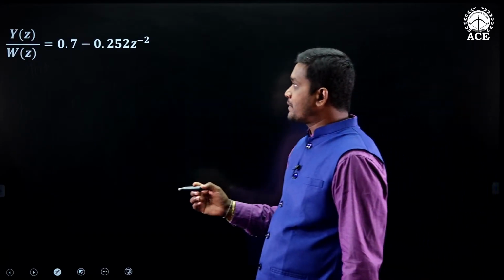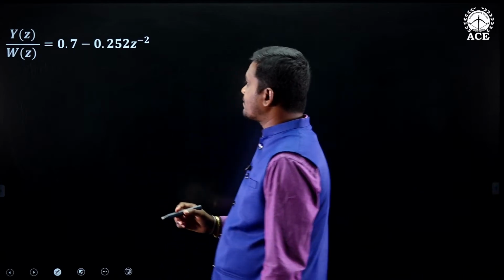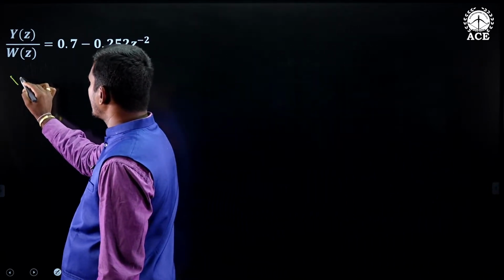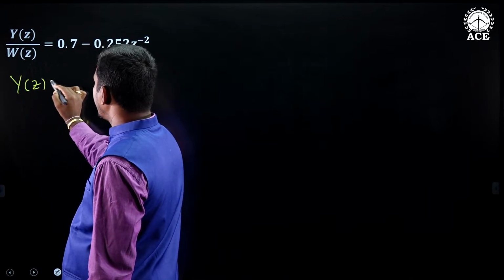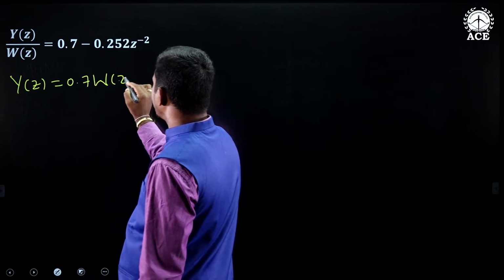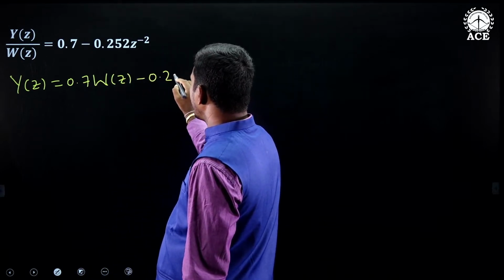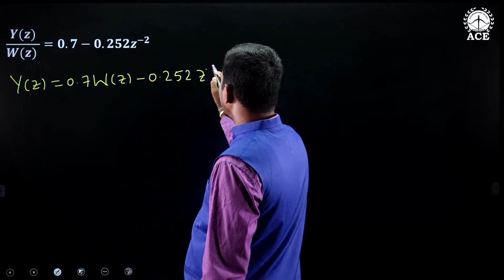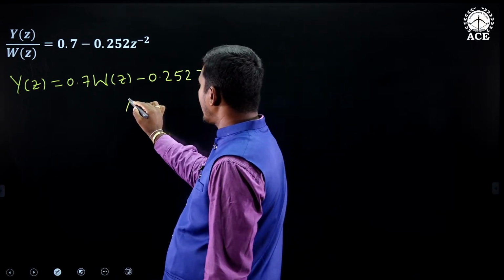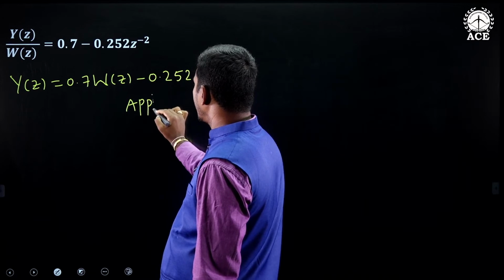Next, y of z by w of z is equal to 0.7 minus 0.252 z power minus 2. Here also, do cross multiplication. Y of z is equal to 0.7 W of z minus 0.252 z power minus 2 W of z. Apply inverse z transform.